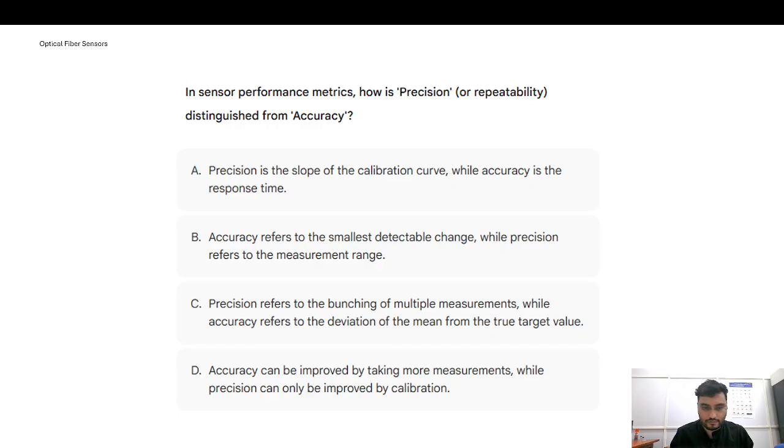So option C is the correct one, where accuracy can be improved by calibration, and precision can be improved by multiple measurements, multiple accumulation of data.